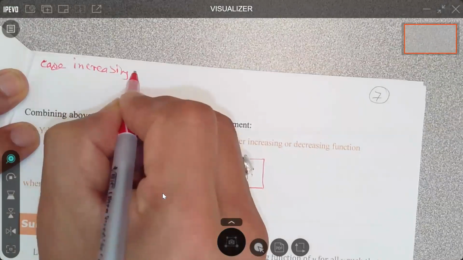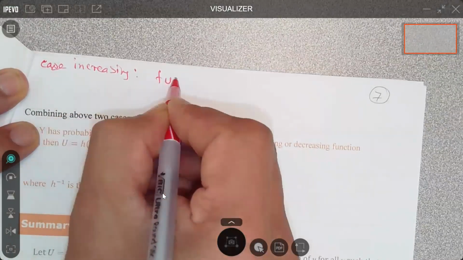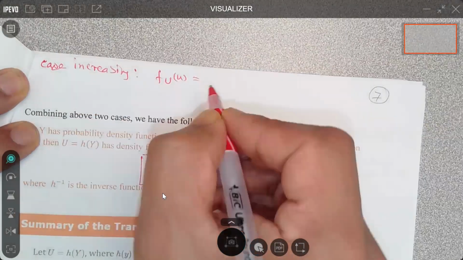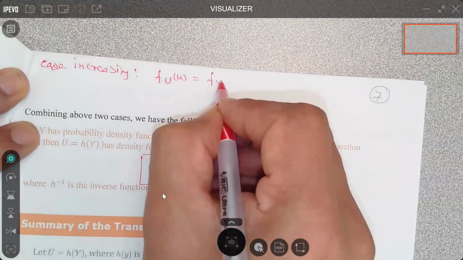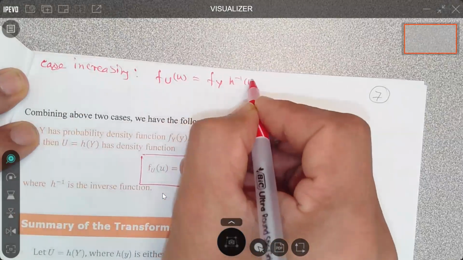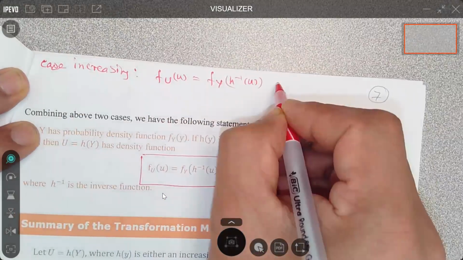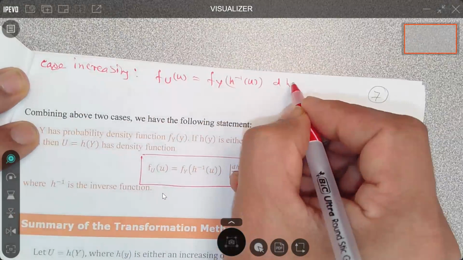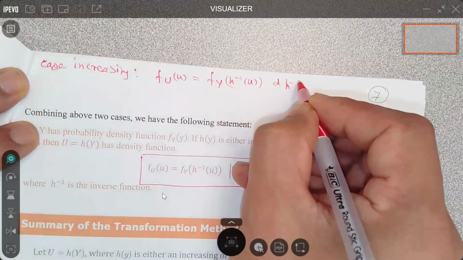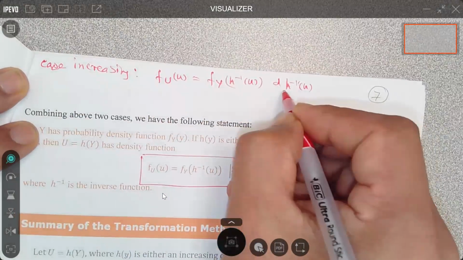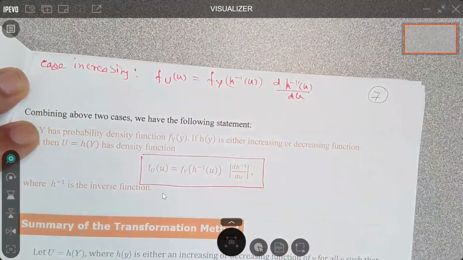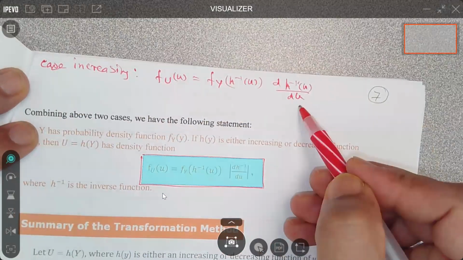In the increasing case, f_U(u) equals f_Y(h inverse of u) times d h inverse of u by du. You don't need an absolute value sign here because this is positive.